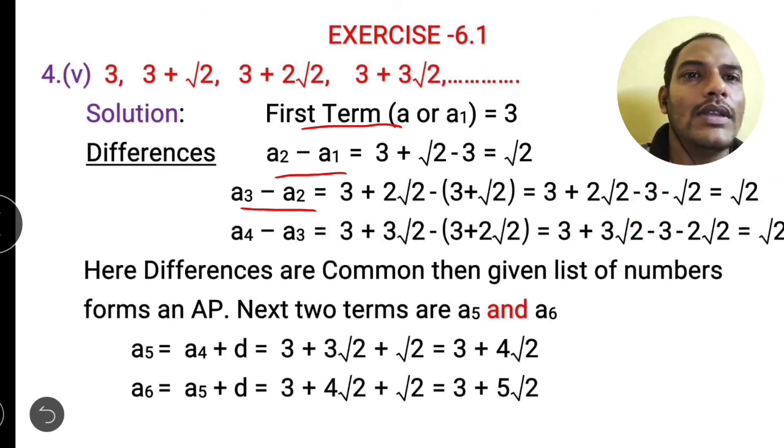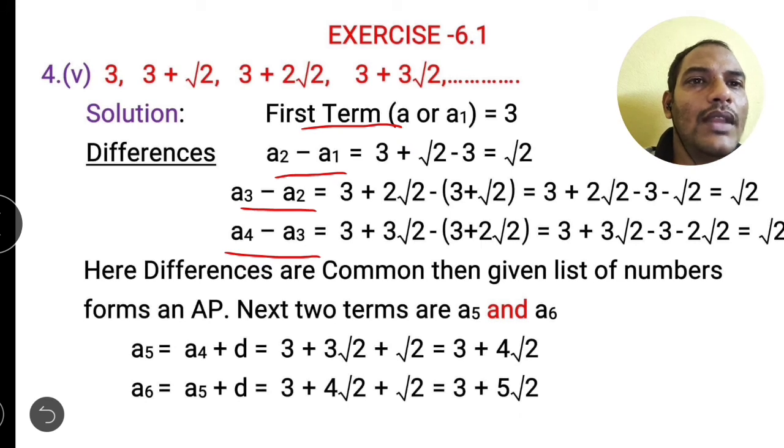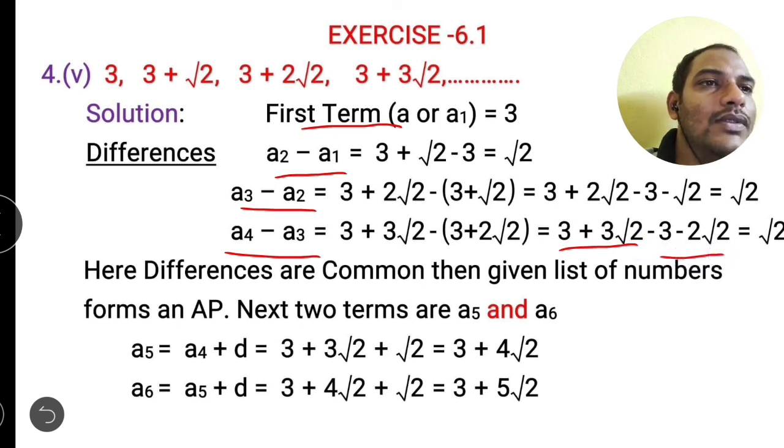Next, the third difference is a4 minus a3. a4, the fourth term, is 3 plus 3 root 2, minus a3. Here take the bracket, very important: 3 plus 2 root 2. In the next step you remove the bracket, so the signs change: 3 plus 3 root 2 minus 3 minus 2 root 2.